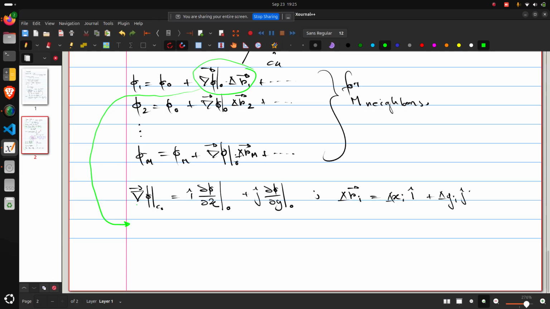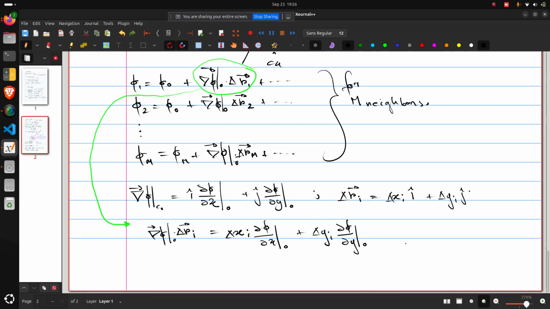We can write gradient of phi naught dot delta Ri, where delta Ri is delta xi ∂phi/∂x at C naught plus delta yi ∂phi/∂y at C naught. Okay.